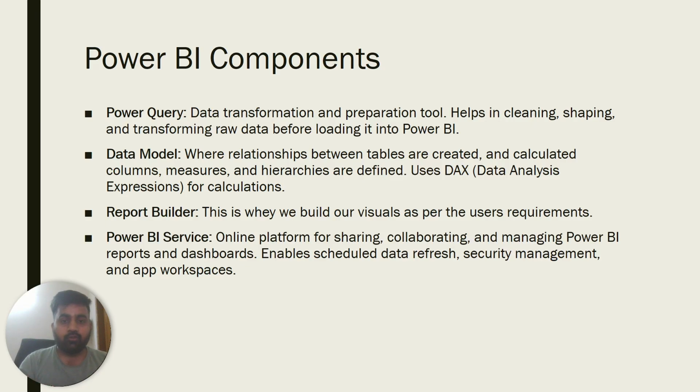After that, we will move to the next phase, which is our data modeling phase. In the data modeling phase, we build relationships between the tables which we have created. There are different types of relationships, one to many, many to many. In between the tables, we need to set up the cross filtration process, so there is single and both level of filtration.